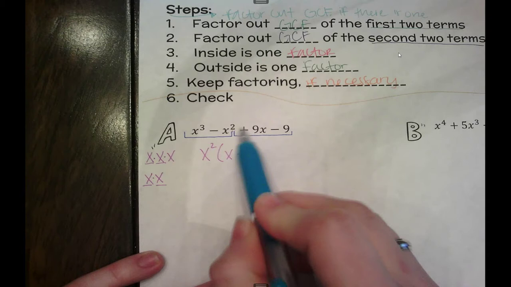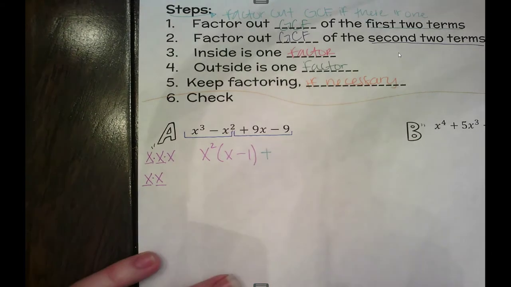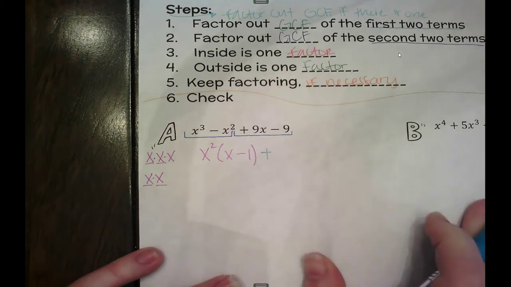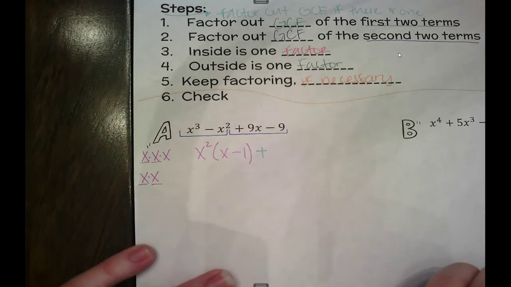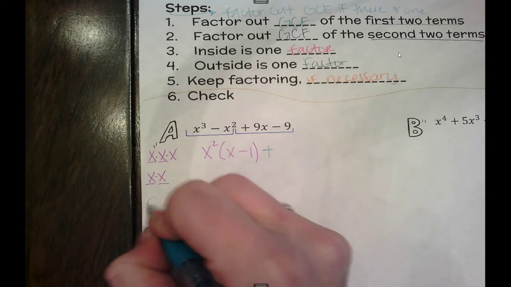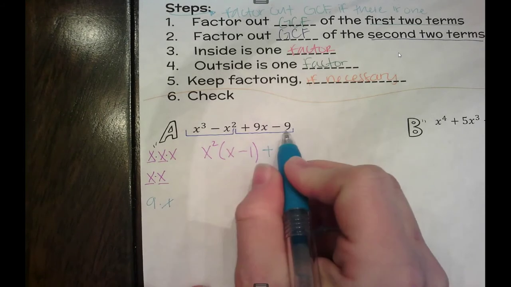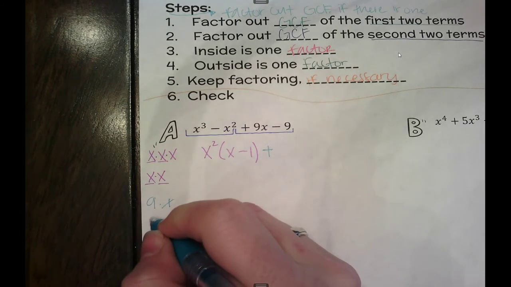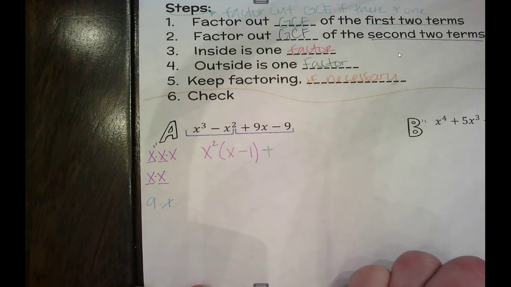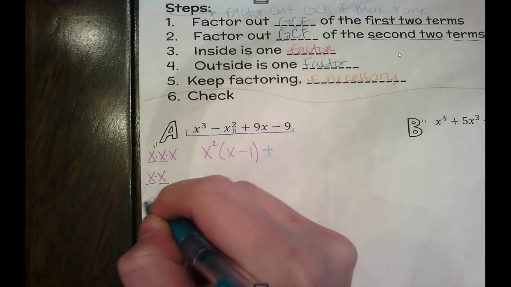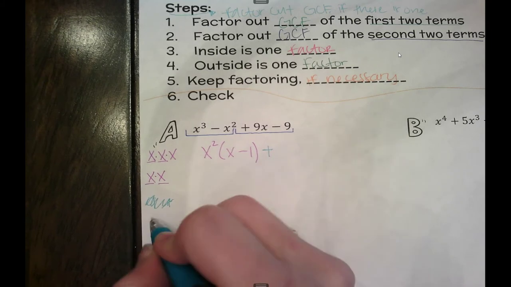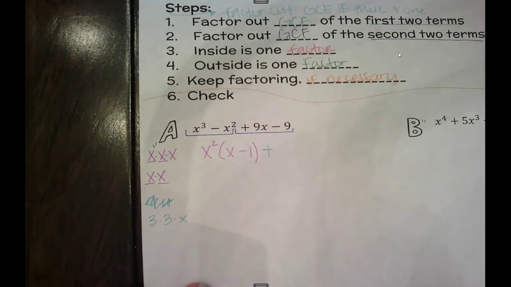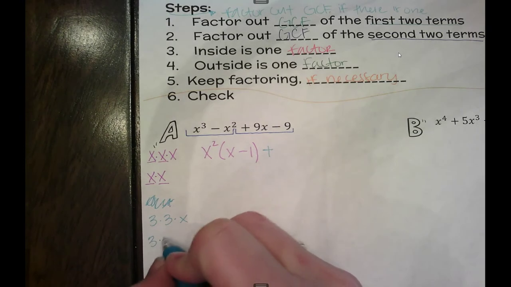Okay, I'm going to factor out our GCF here. Remember, if this is an addition or a subtraction, that's what goes there. If it was a minus, we would put the minus there. So what is our greatest common factor between 9x and 9? Well, our factors here are 3 times x, and our factors here are 3 times 3.